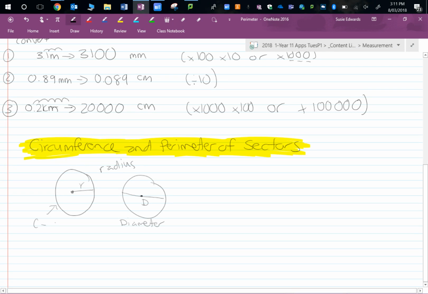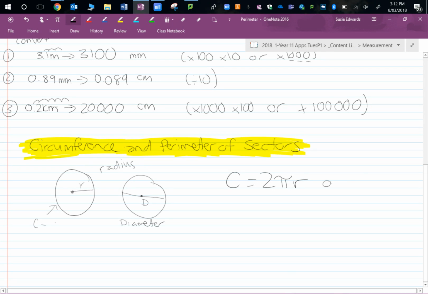Okay, so what is the formula? And everyone gets it wrong because they mix it up with area. What is the formula for circumference of a circle? 2 pi r, okay? So C equals 2 pi r. How else could we write 2 lots of r? 2 lots of r equals diameter. 2 lots of half of the diameter equals the diameter.